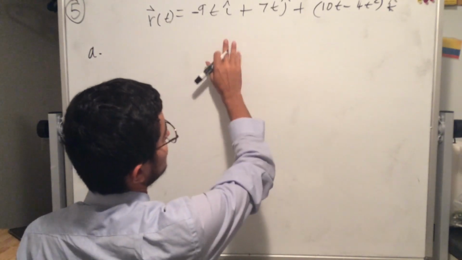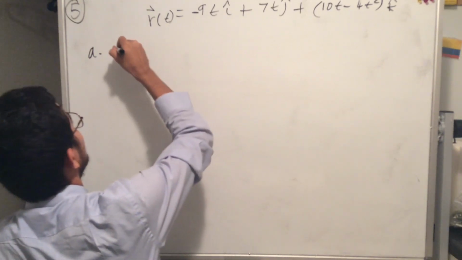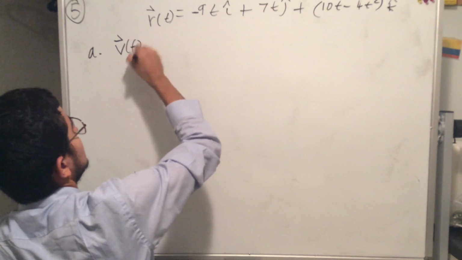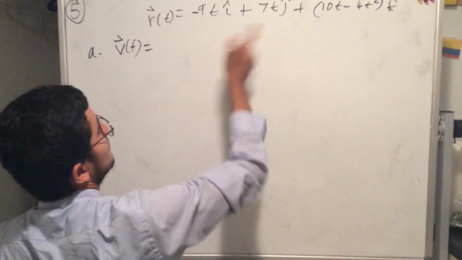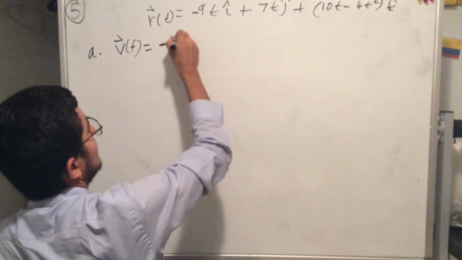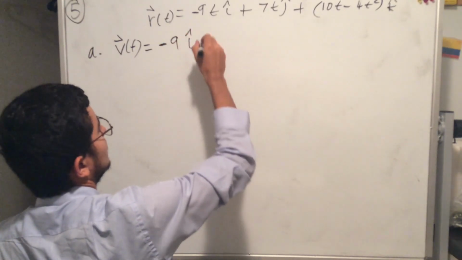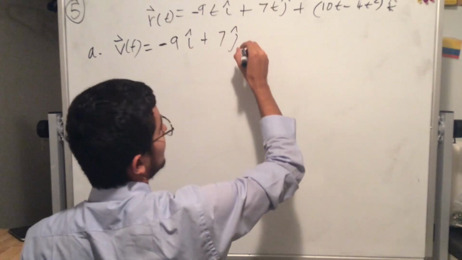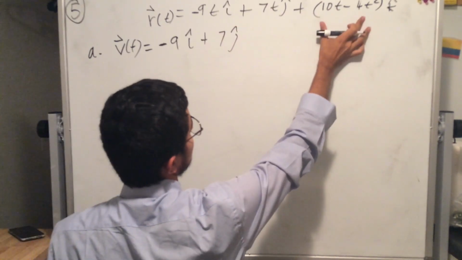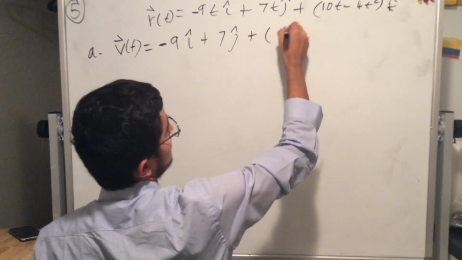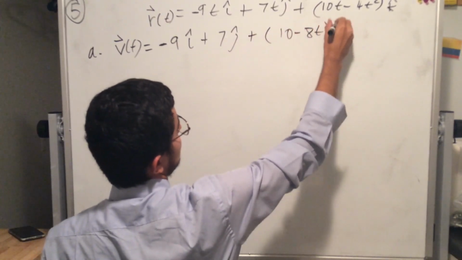So we're just going to take two derivatives, right? For velocity, v of t, we'll just take the derivative of that. So that's going to be negative 9 i hat plus 7 j hat, and then we take the derivative of the inside, so we're going to have plus 10 minus 8t k hat.